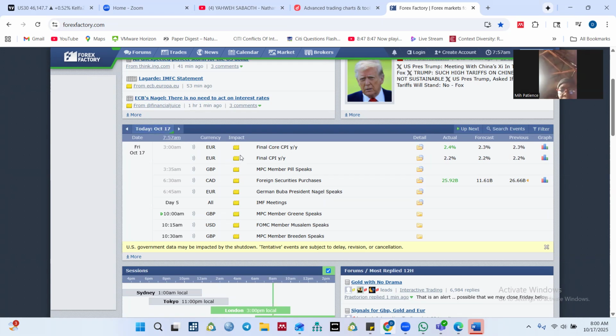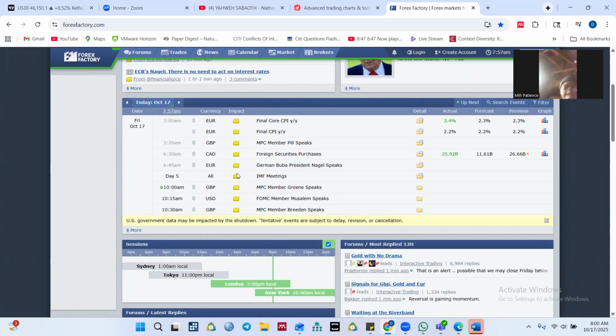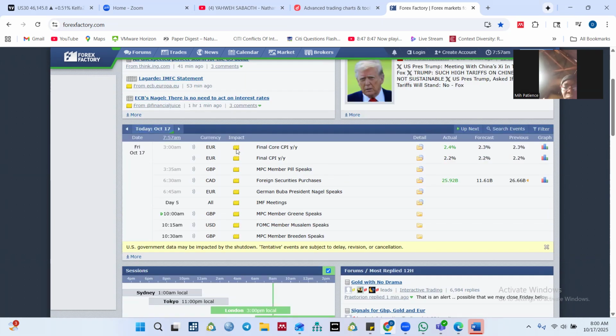And then if the folder is red, it shows that the news is having a higher impact. So the most important thing is you have to see if there is any folder that is red, and the time.